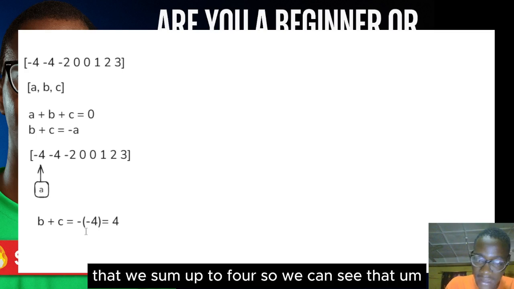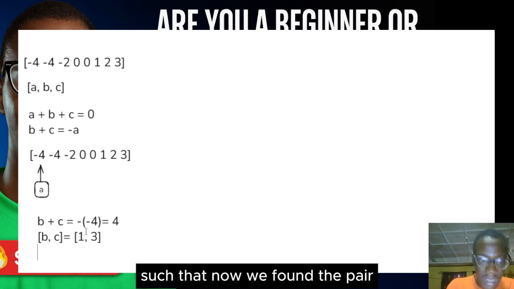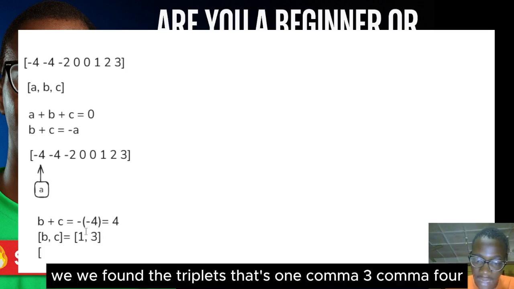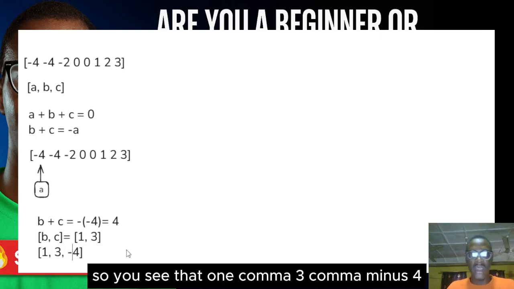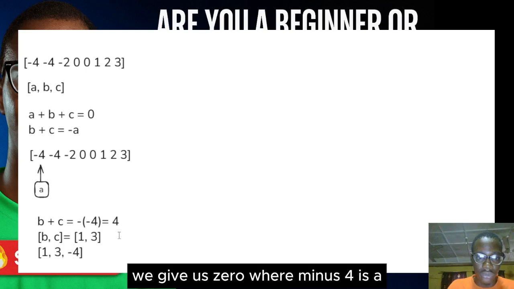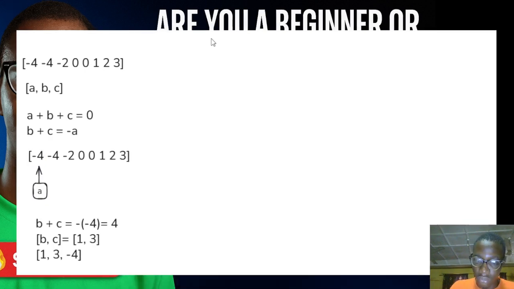So our b comma c is equal to 1 comma 3, and we found the triplet: 1 comma 3 comma -4. If you sum it together, it gives us 0, where -4 is a. You see, -4 is this a right here. We found a triplet.